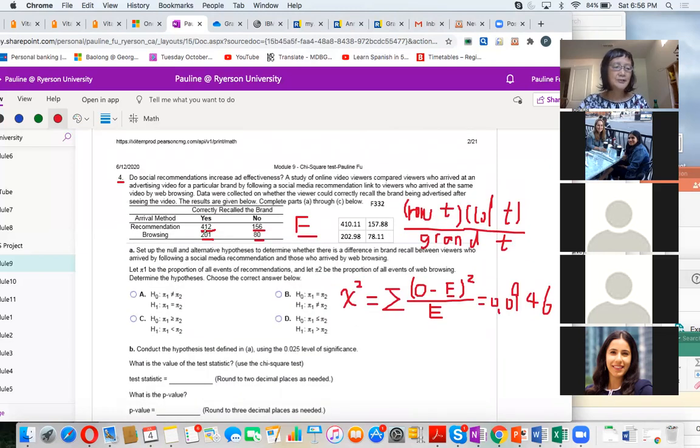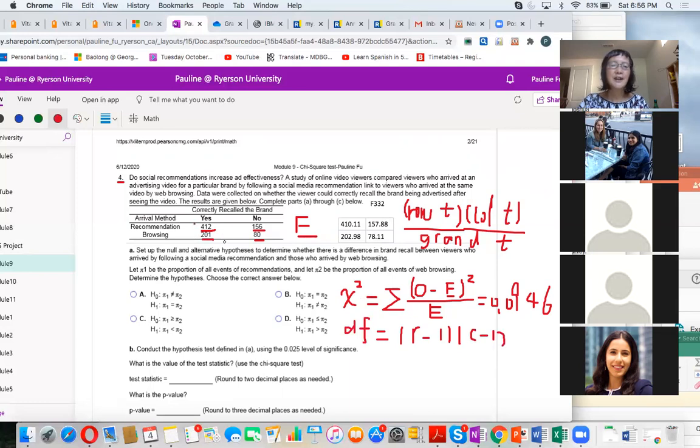To answer this question, I have to introduce the degree of freedom for chi-square. By definition, degree of freedom equals number of rows minus 1, multiplied by number of columns minus 1.